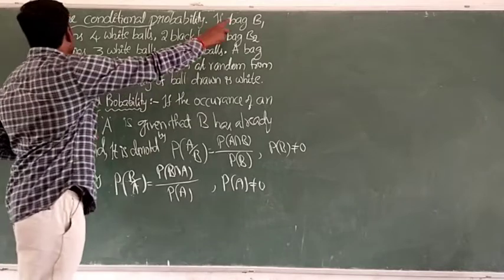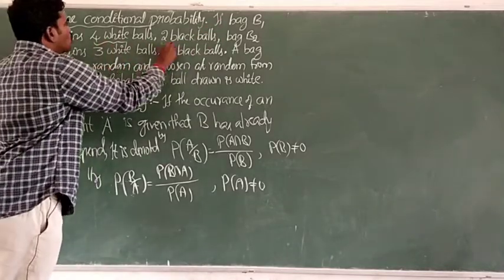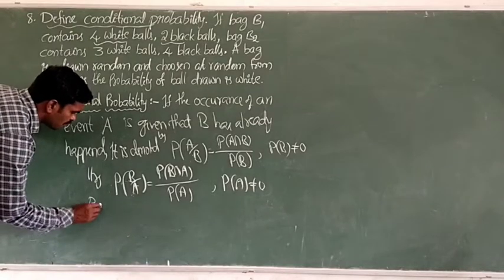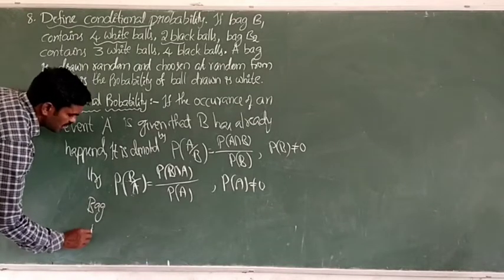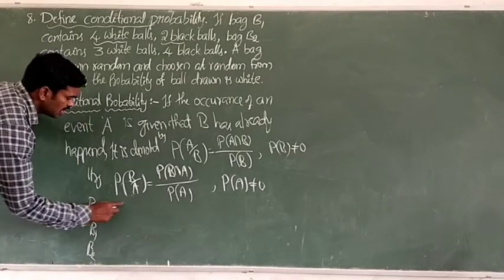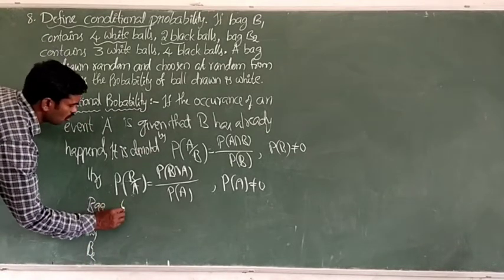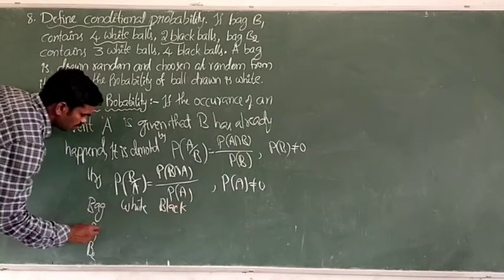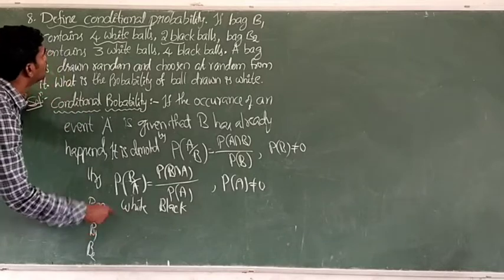What is the question? Bag B1 contains 4 white and 2 black balls. So I am giving it in a table, bags B1 and B2. There are 2 bags, and in every bag white balls and black balls.